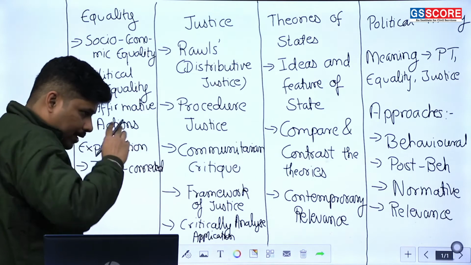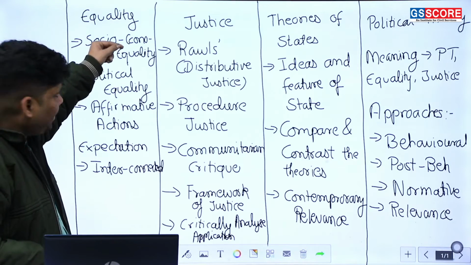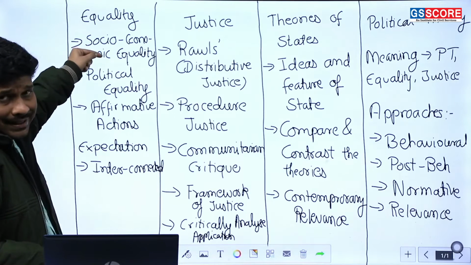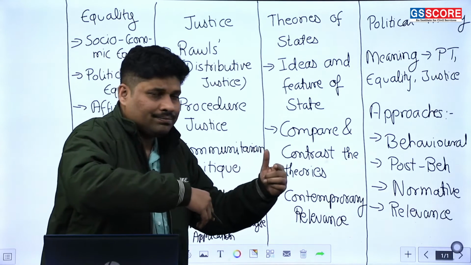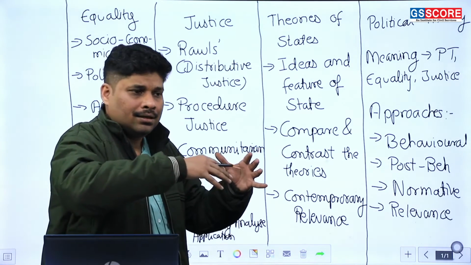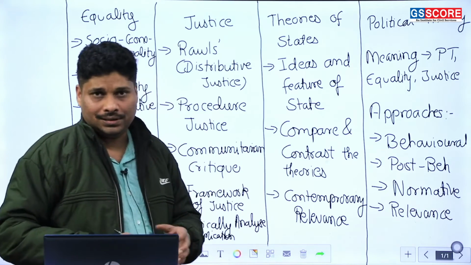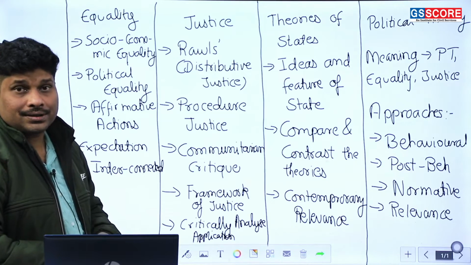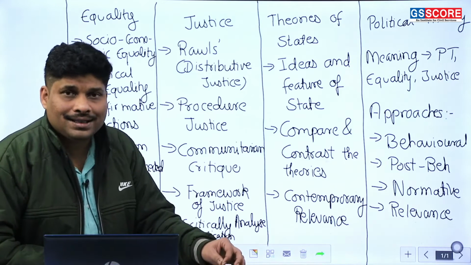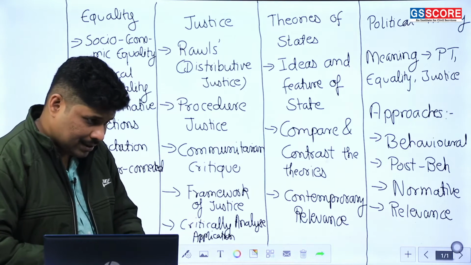And showcase how one form of equality, for example social equality, is connected to economic equality, how economic equality is connected to political equality, how political equality is connected to social equality. ठीक है, यानी तीनों कैसे एक दूसरे को इन्फ्लुएंस करते हैं, how these three types of equality influence each other, and whether one type of equality, for example economic equality, hinders another type of equality, for example political equality. ठीक है, that has to be taken into consideration by me.